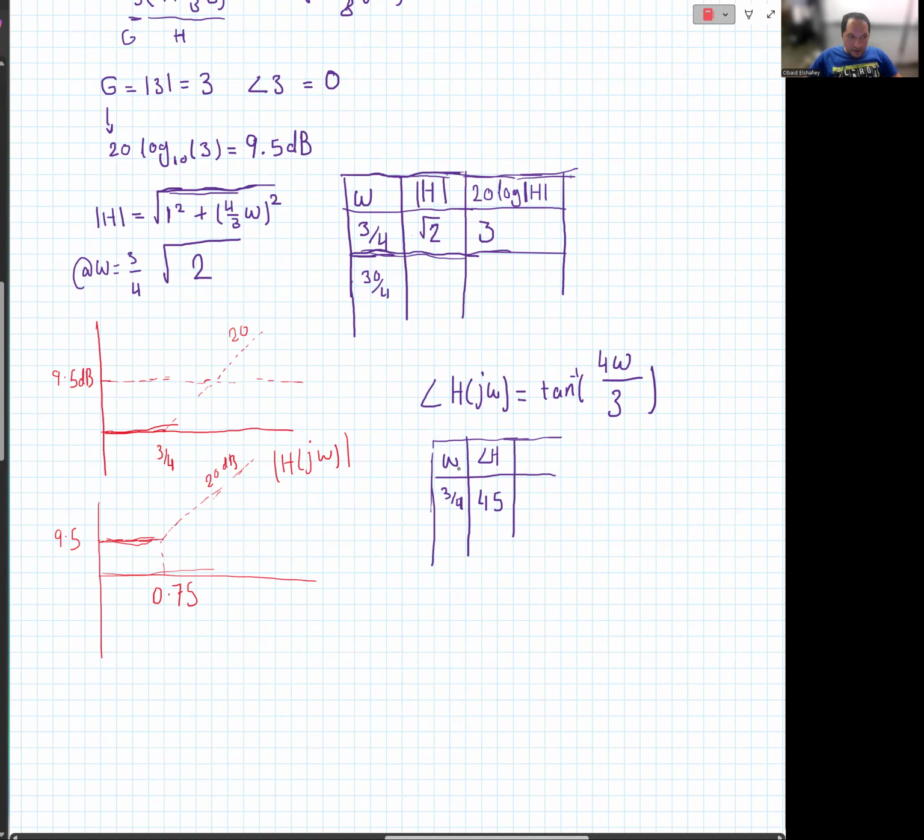And when omega grows, we can try values of 10, let's say we can make it 10 or 20. So tan of 40 over 3 is closer to 90. So as omega grows, the value gets closer to 90.